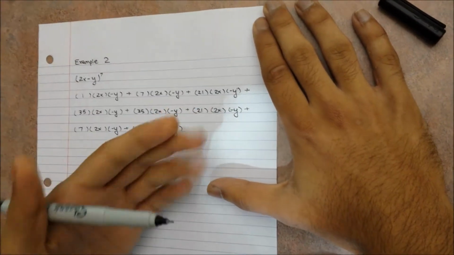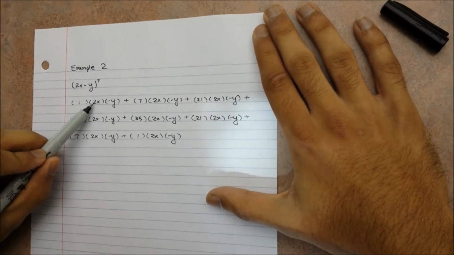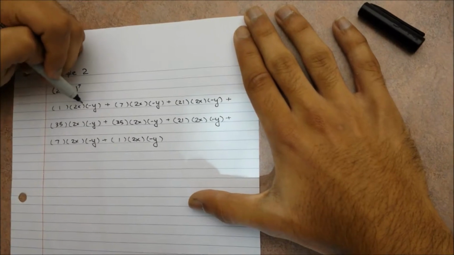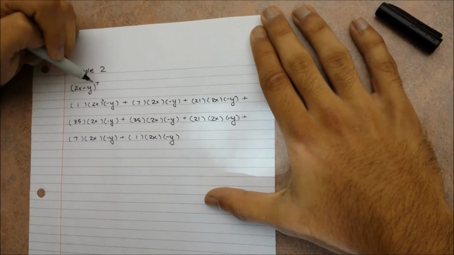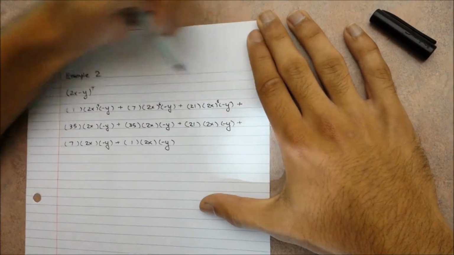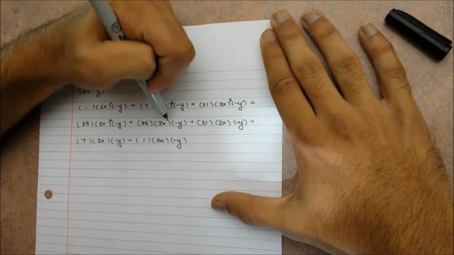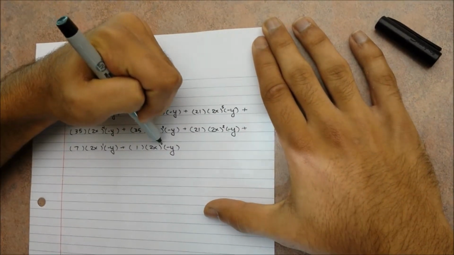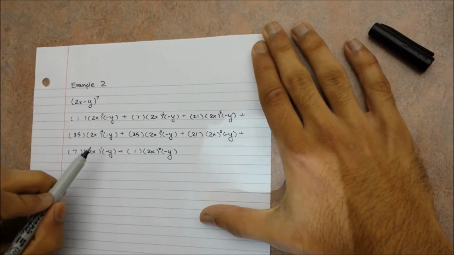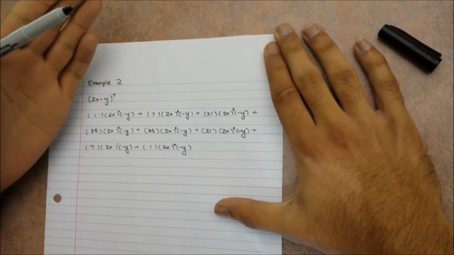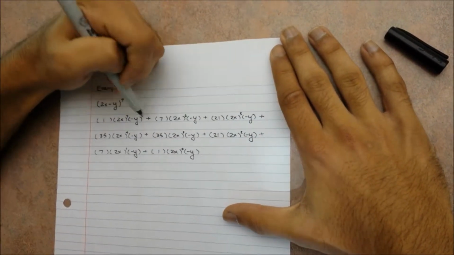And now we move on to the exponents. As we go further into the terms, the a term will start decreasing in value. For example, this is always 7, and then we move on and go 6, 5, 4, 3, 2, 1, and of course the last one is always 0. On the other hand, the b term's exponent increases.